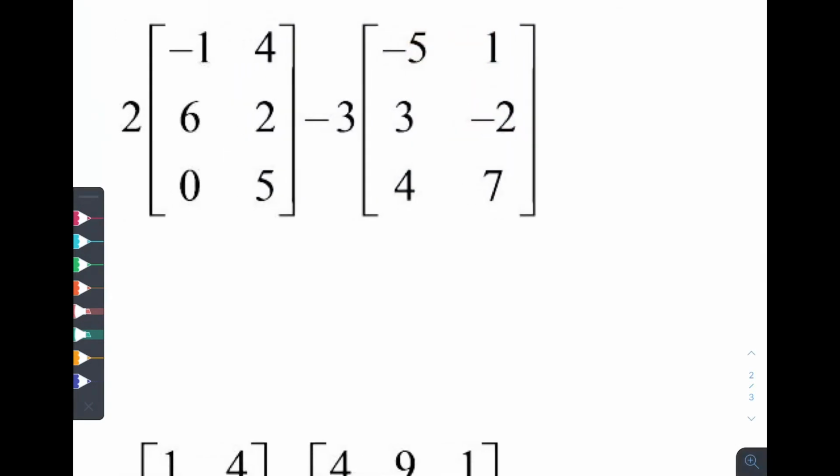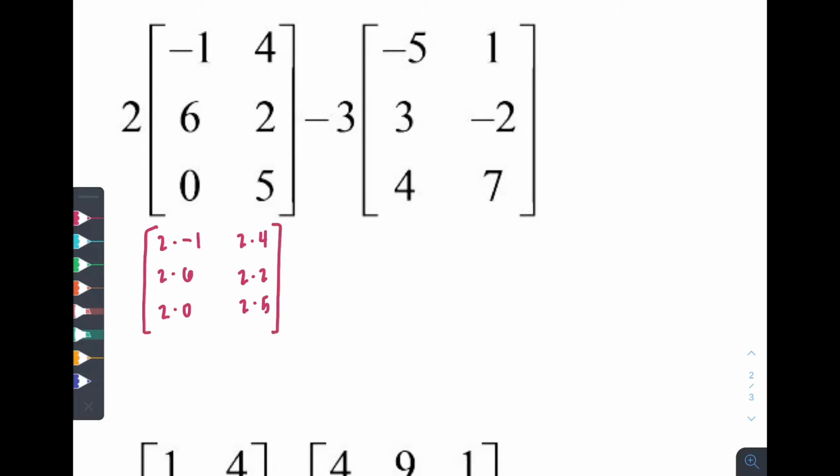So we're going to take this 2, and it's going to go to every single thing in here. That's kind of looking crazy, so I'm going to erase that. But basically you're doing, I'll go ahead and write it out. 2 times -1, 2 times 4, 2 times 6, 2 times 0, 2 times 2, and 2 times 5.